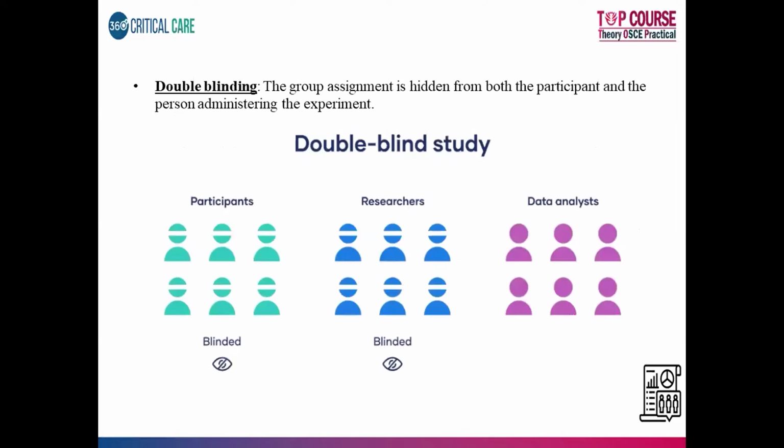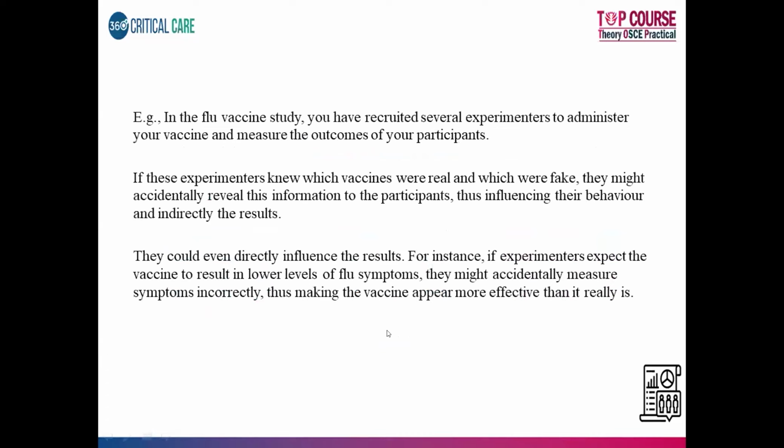Now, what is double blinding? Here you are going to blind both the participants as well as the researchers. So why do you want to blind the researchers? In the same example, you have recruited several experimenters to administer your vaccine and measure the outcomes of your participants.